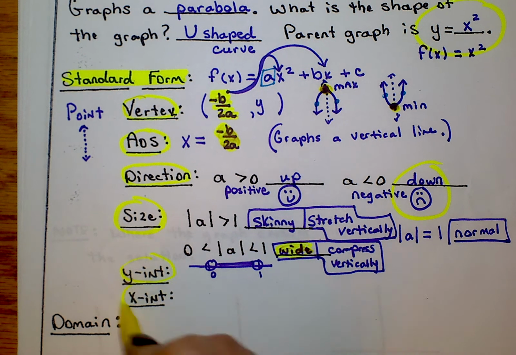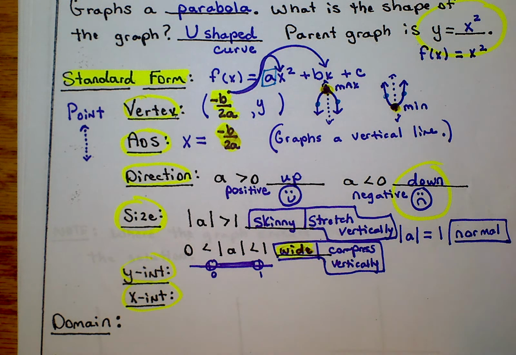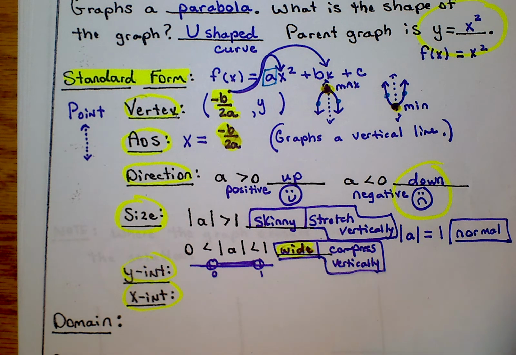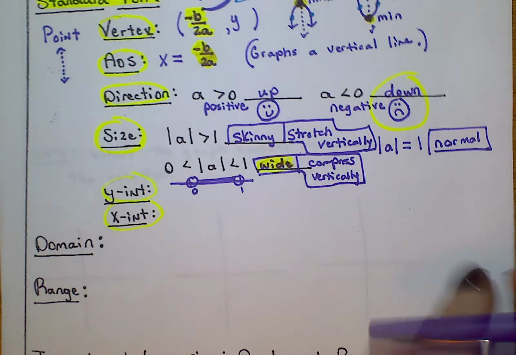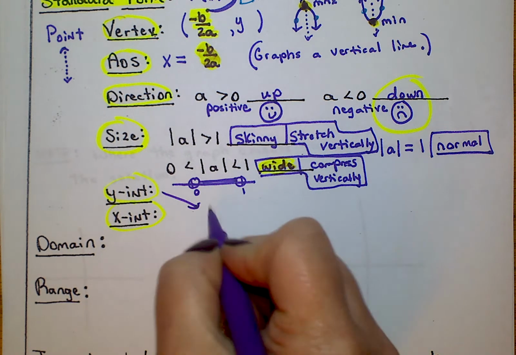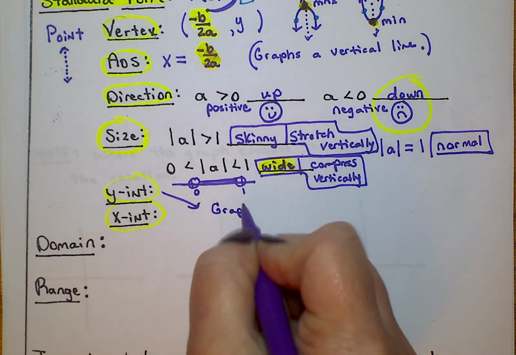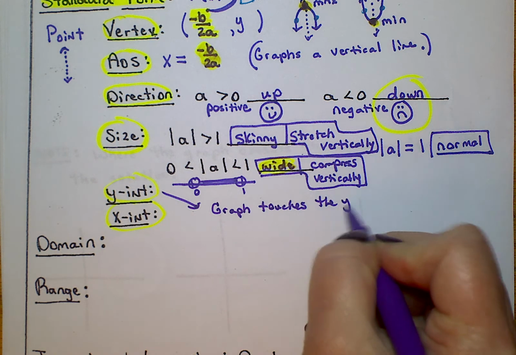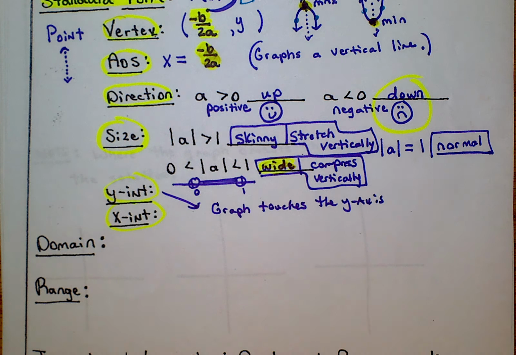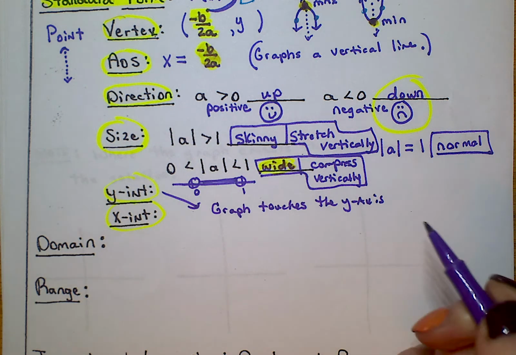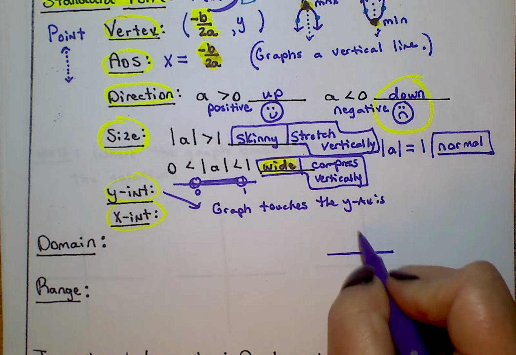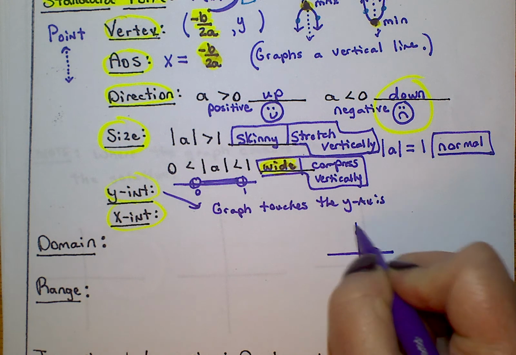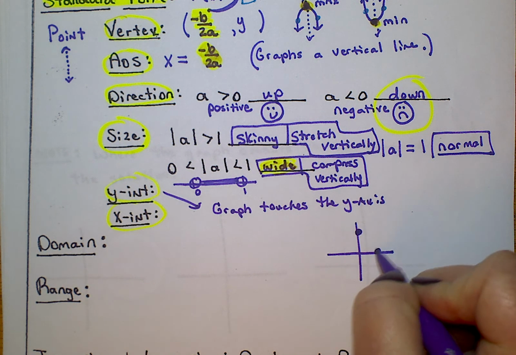Then you have your y-intercept and your x-intercept. Now, if you recall from algebra, your y-intercept is where the graph touches the y-axis. So we'll say that we have a parabola right here.